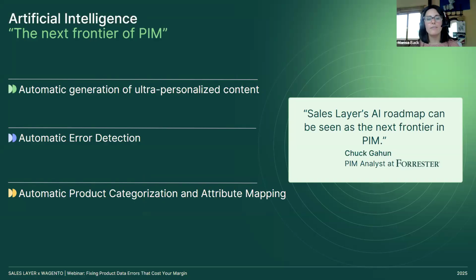And so what we have on the roadmap is the way to automate generation around ultra personalized content. So again, we understand that every region, every territory, every country, every specific customer might have different versions of product descriptions or just different versions of information, right? On what you call a t-shirt or a tool in different areas.